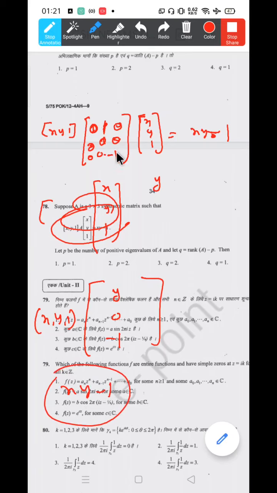The number of positive eigenvalues is, see, there is 1 negative eigenvalue, 2 positive eigenvalues. So what is the rank here? Rank is 2, minus number of positive eigenvalues.